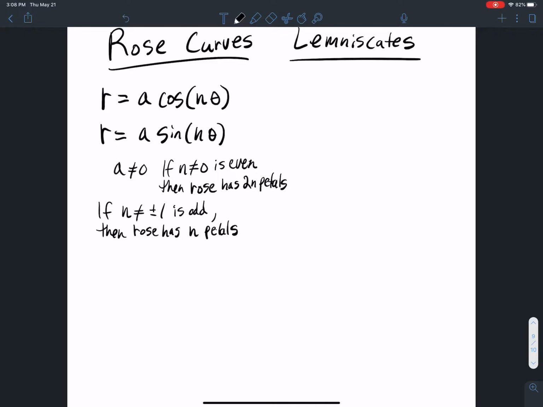So an example is r equals 2 cosine 2 theta would be an example here. Now n here is even, and so it has 2n petals, so that's 2 times 2, that's 4 petals. So that tells me it has 4 petals.